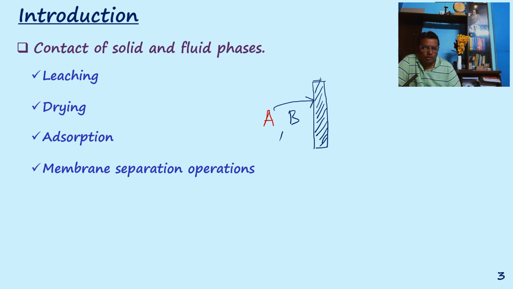So depending on what operation is involved, you have different membrane separation operations. You have reverse osmosis, you have ultrafiltration, you have nanofiltration. For example, if it is reverse osmosis, then how will A move through the membrane? A will be coming onto the surface of the membrane, and depending on its solubility in the membrane, it will first dissolve into the membrane, and after dissolving into the membrane, it will be diffusing through the membrane.